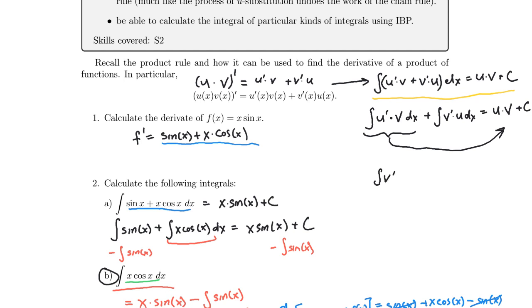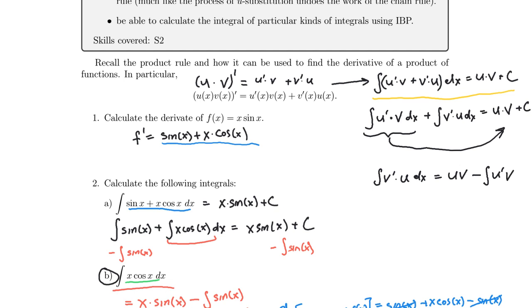I'll write it as is for a moment, and then I'll tweak it to make it look a little fancier. But we get the integral of v prime times u equals uv, and then minus, because we've subtracted this over, the integral of u prime v.